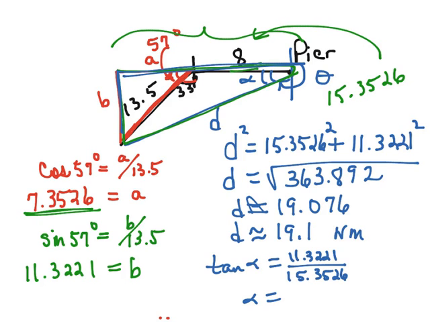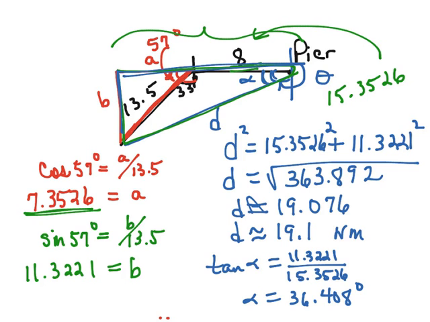So alpha is going to be the inverse tangent of 11.3221 divided by 15.3526. So we get alpha is 36.408 degrees. So that's what this angle in the triangle is.